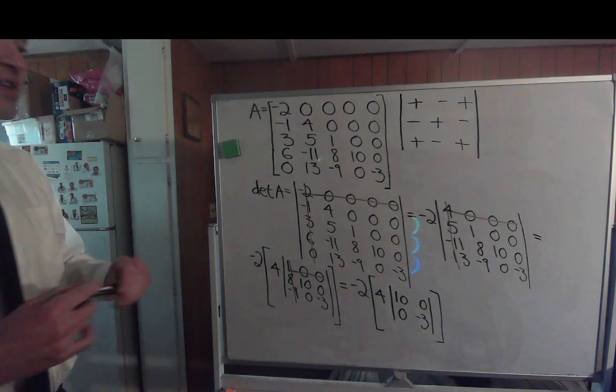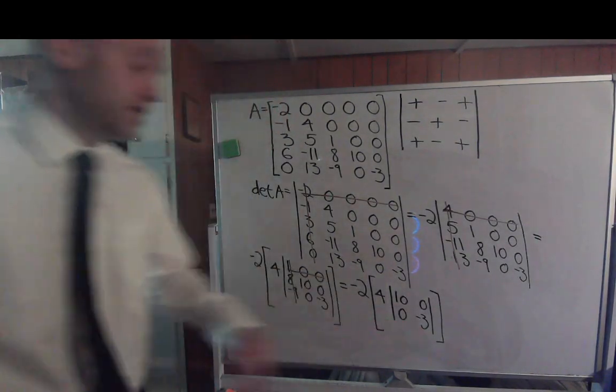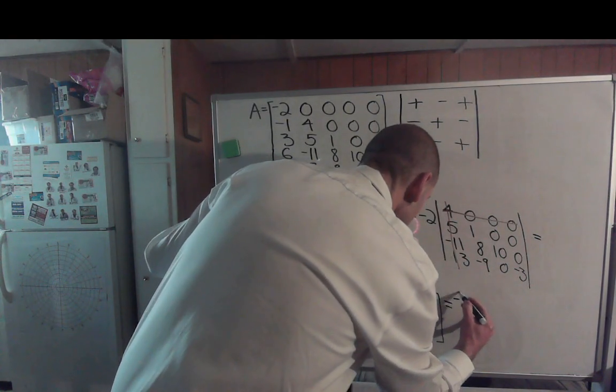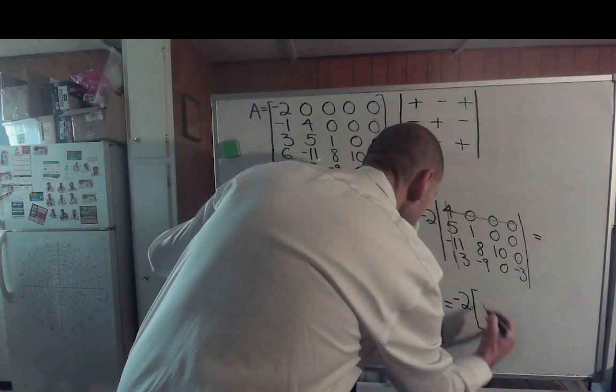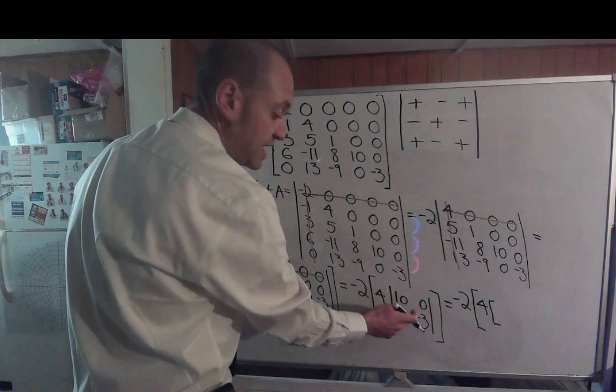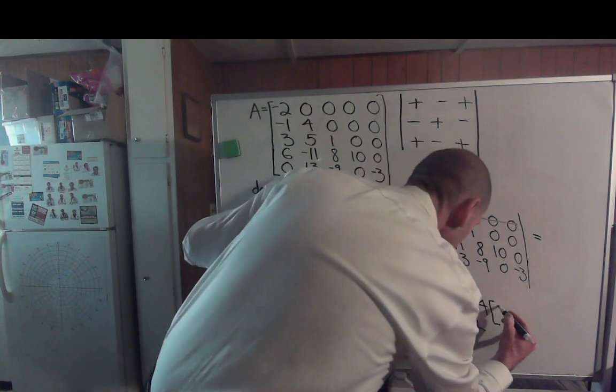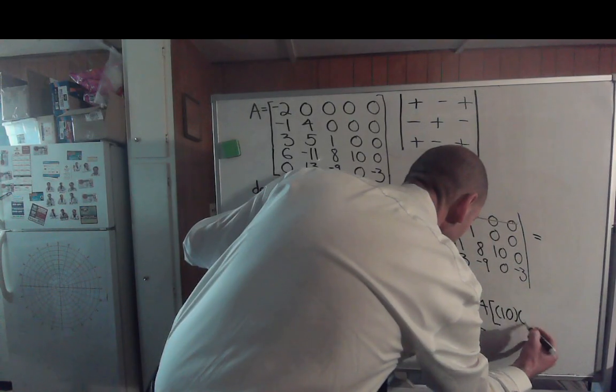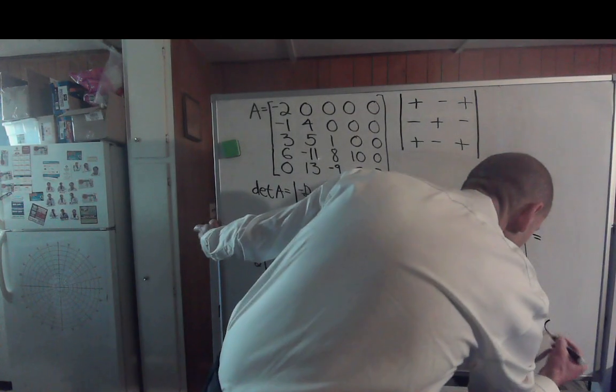Alright, so now we've got this reduced down to a 2 by 2 determinant. So this is going to equal -2 times 4 times the determinant of what's inside. That'd be 10 times -3 minus 0 times 0.